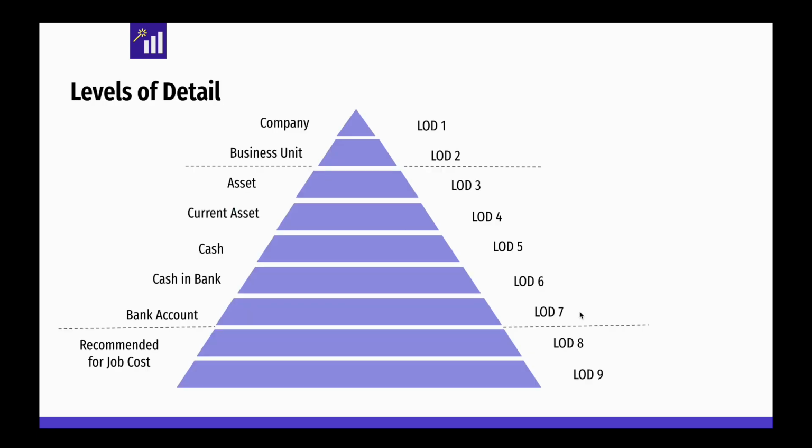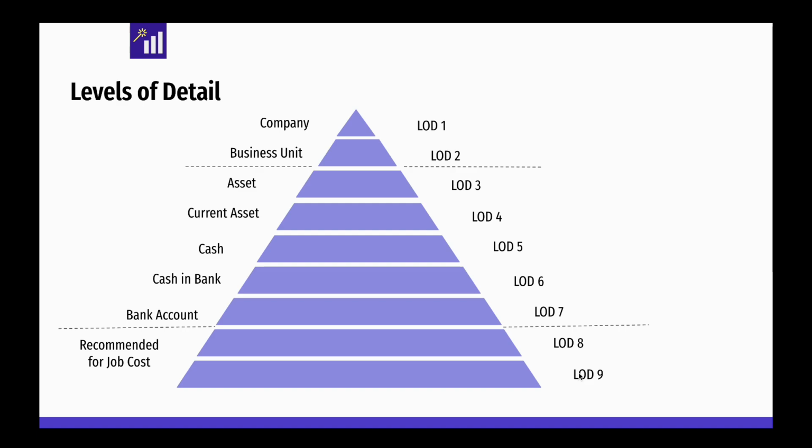In the chart of accounts, there is an important concept, the levels of detail. This helps with the account hierarchy. The levels of detail start with 3 because 1 and 2 are company and business unit. You can see that level 7 is the lowest level.